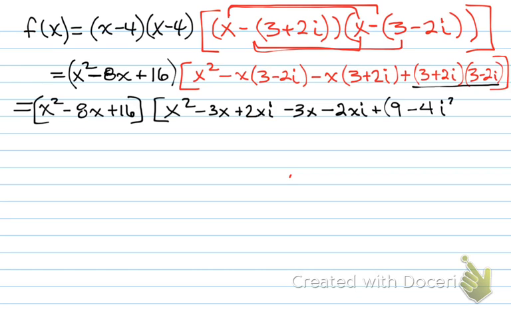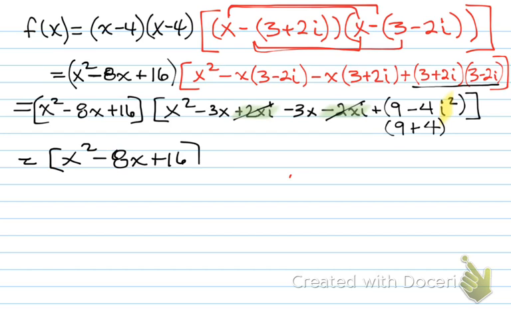And we just approach that similarly. Now remember, i squared is equal to negative 1, so that's going to have an effect on the end result here. The 2xi terms cancel each other out, and so now we're just going to clean this up, combining like terms where appropriate, and that's what we're left with.